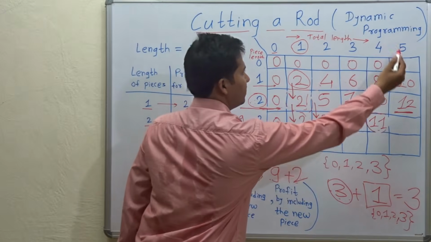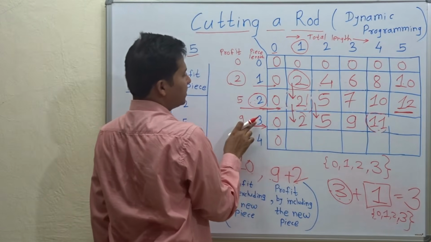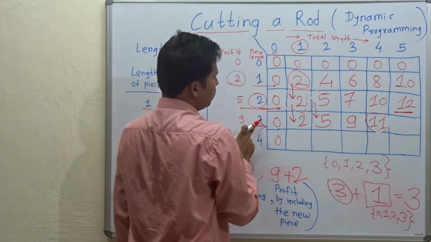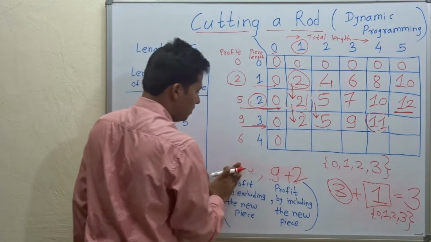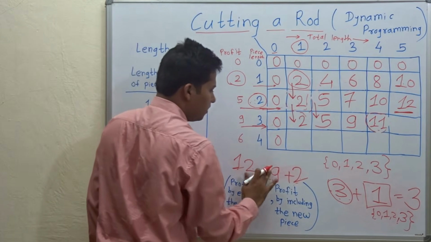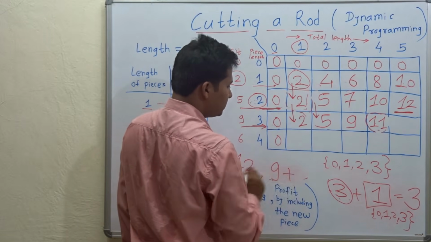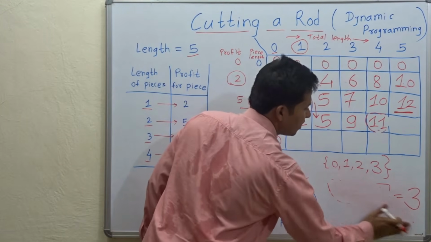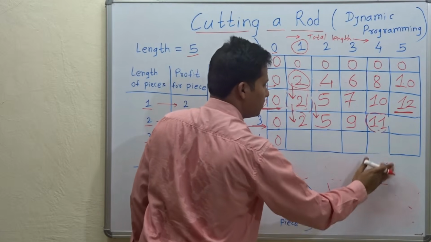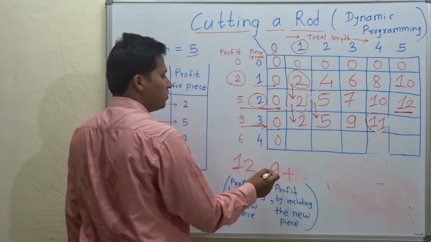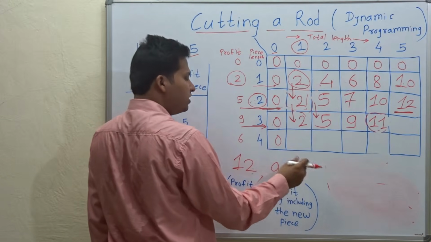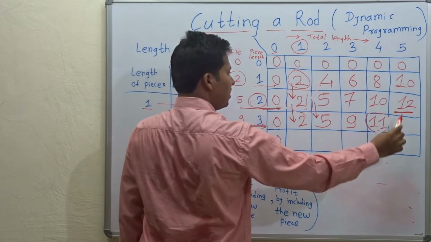Okay, go ahead for 5. Again exclude. So if you exclude, this is 12, and if you include, 9 plus, see, I will not write all this now, we will just use the shortcuts. So 9 plus, by including the new piece, what is the remaining length?